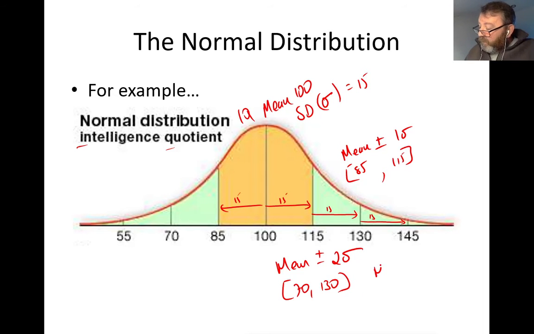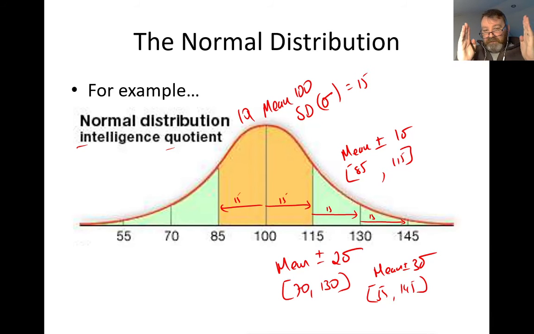And finally, what's the mean plus or minus 3 standard deviations? The answer is between 55 and 145. So there are areas that we are going to have to focus on. First of all, the mean, that's the most important one. Then 1 standard deviation either side of the mean, then 2, then 3.